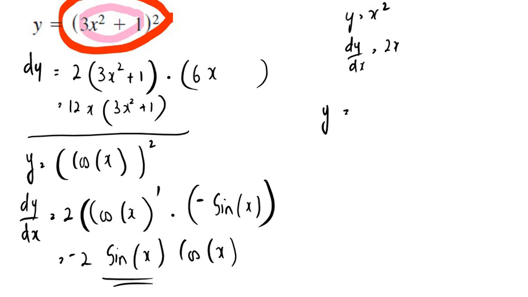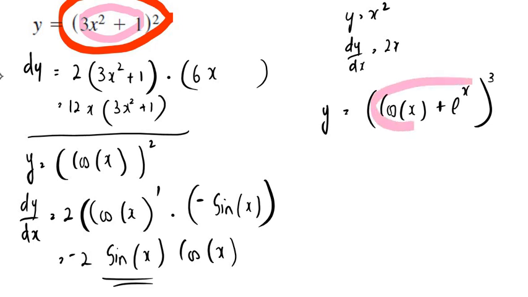So we can also do another example where y is equal to, let's say, cos x plus e to the power x, all to the power 3 this time. So I'm only going to draw the baby function. So this is the baby function. So we'll just first differentiate the mother function.